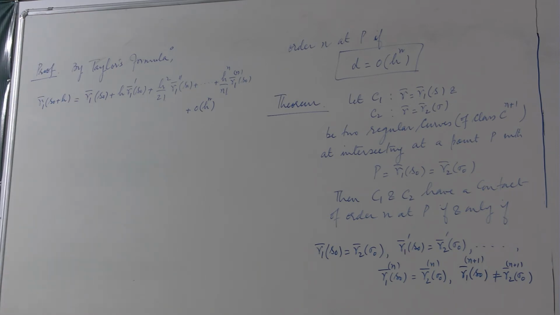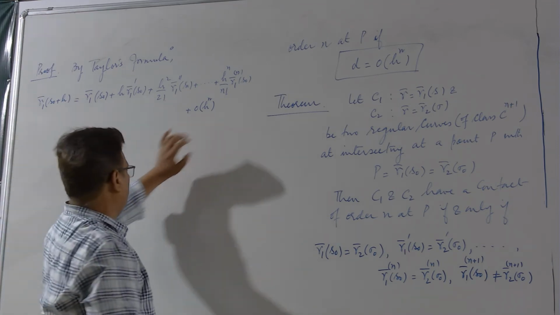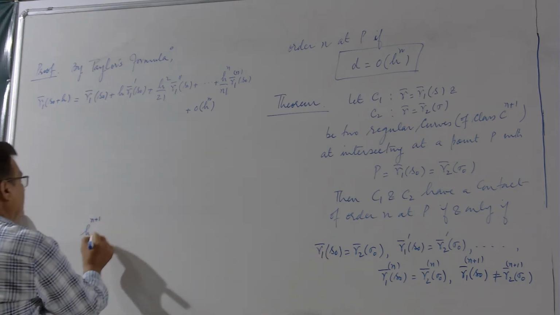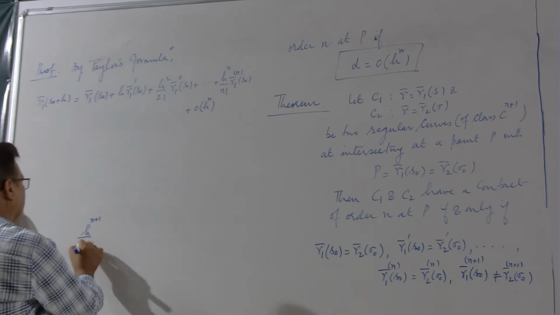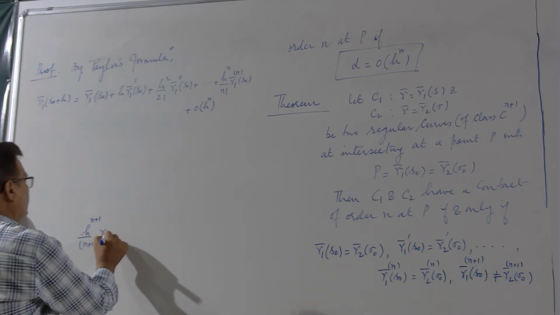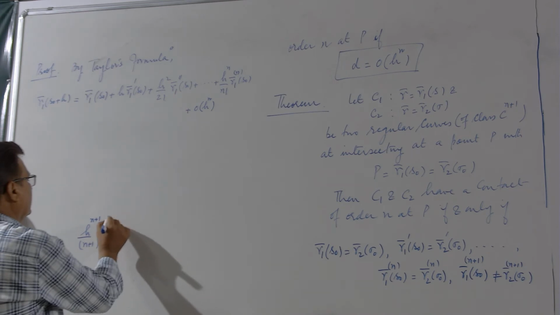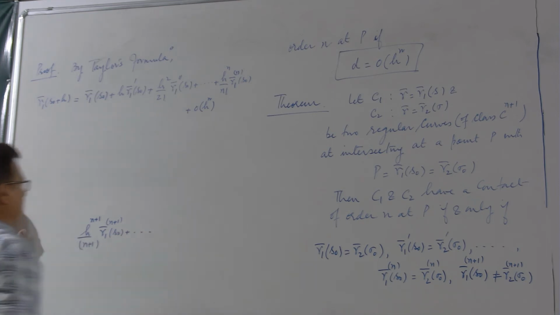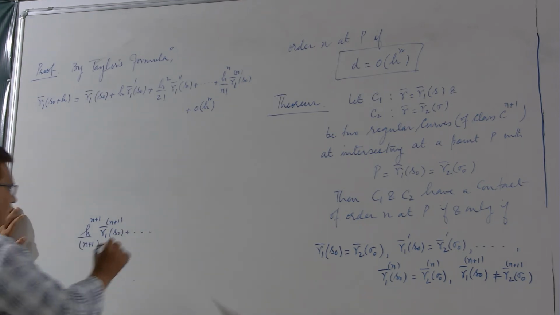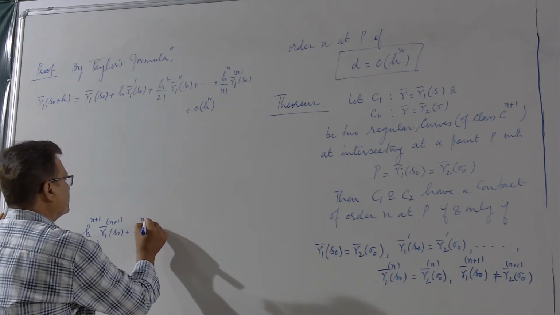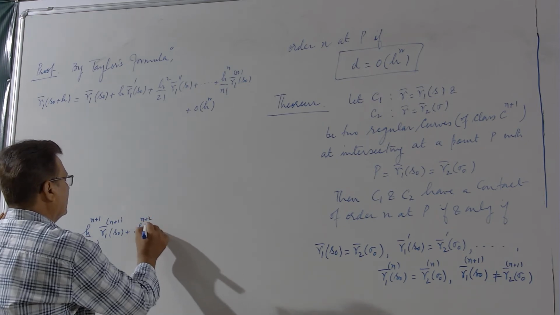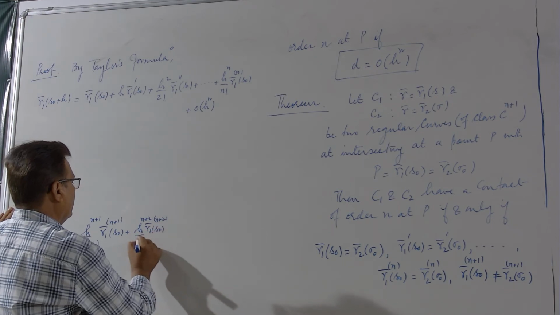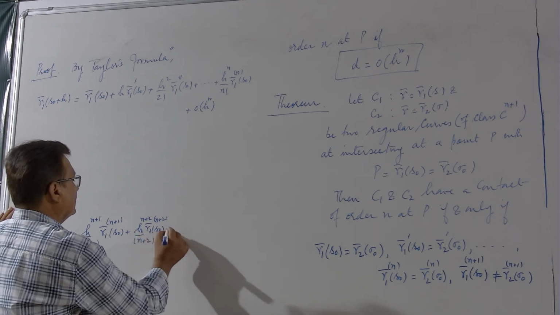Why? How? You see, the next term will be h to the power n plus 1 upon n plus 1 factorial r1 (n+1)th derivative at s0, and so on. Next will be h to the power n plus 2 r1 (n+2)th derivative at s0 upon n plus 2 factorial, and so on.